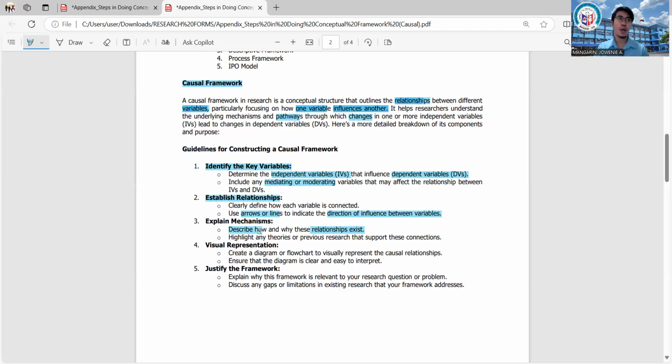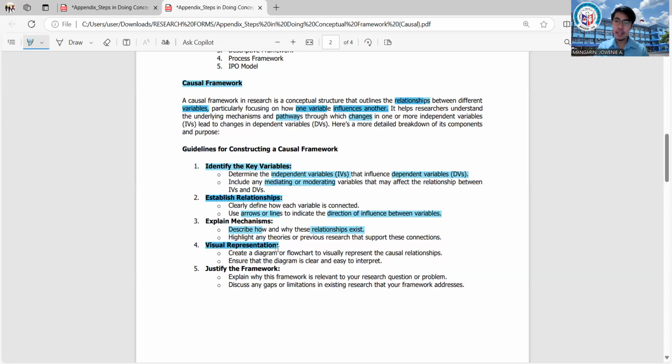Then, ang pinakamahalaga na feature or katangian na dapat meron yung ating causal framework is yung tinatawag natin na visual representation. Kasi sa visual representation, dito natin maipapakita yung sinasabi sa guideline number 2, which is establish the relationship. Though pwede natin siyang ipakita sa pamamagitan ng narrative, mas madali itong ipakita kung tayo ay gagamit ng visual representation.